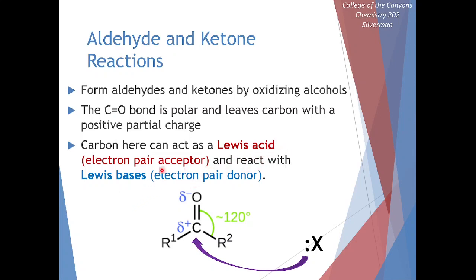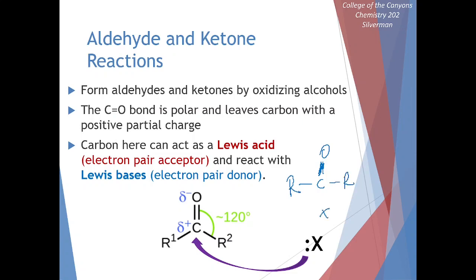Lewis acids are going to be electron pair acceptors. Lewis bases are electron pair donors. And instead of just giving these electrons away, they're going to share them by forming a new bond. And so our result is going to be our carbon attached to that oxygen, attached to that R group, attached to that other R group.